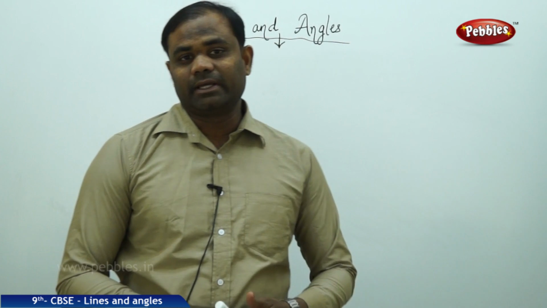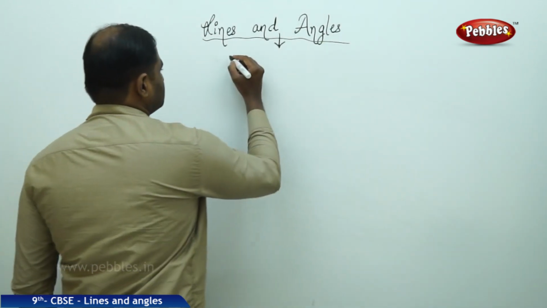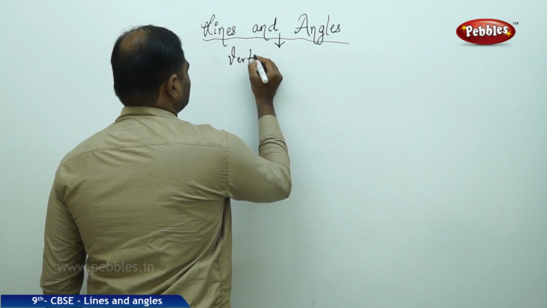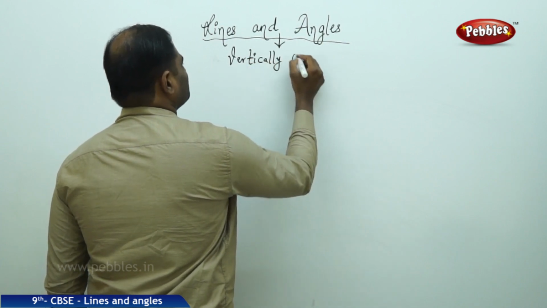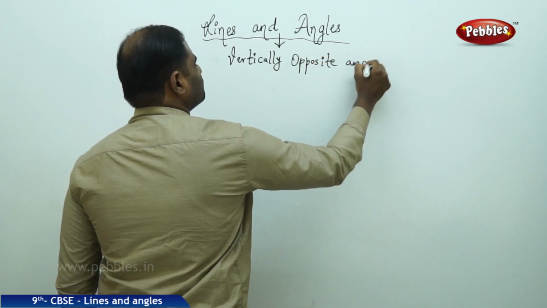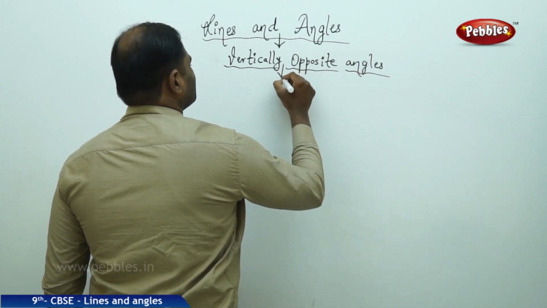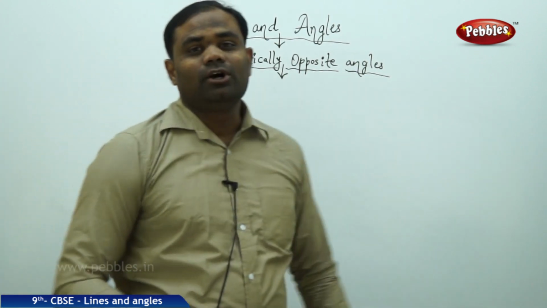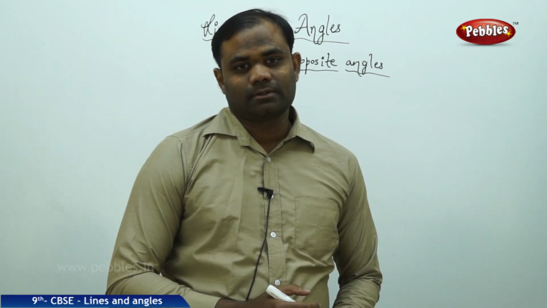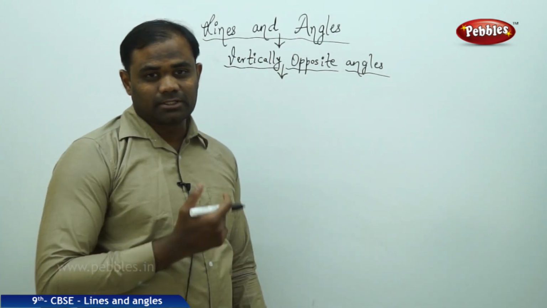Now the next type of angles which we're going to discuss in the plane geometry is vertically opposite angles. Let's see what are vertically opposite angles. Let's see the definition through the diagram. Imagine I have two lines which are intersecting in the plane.